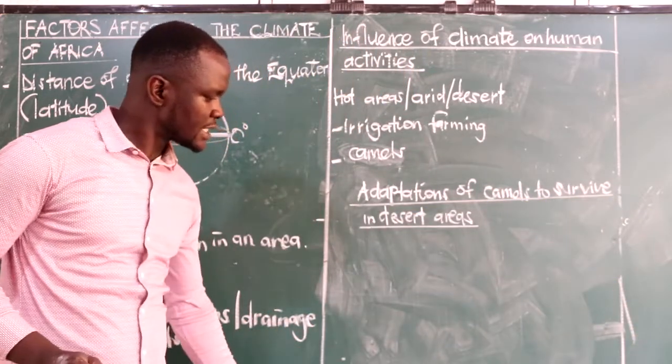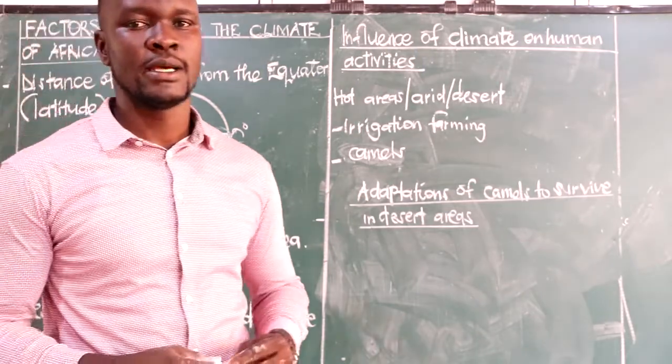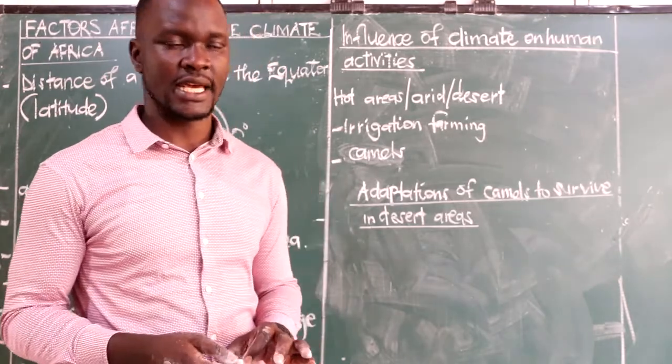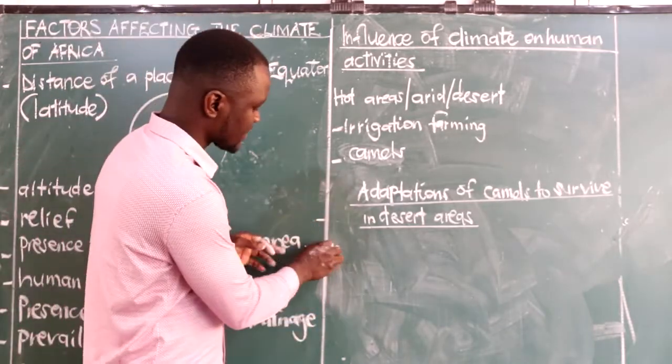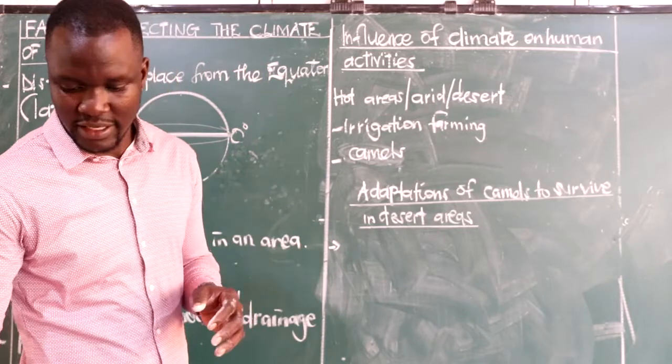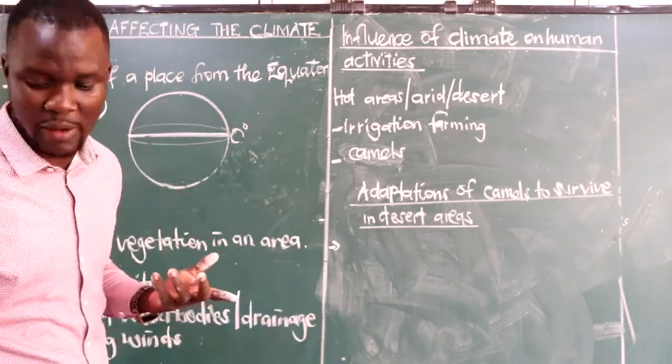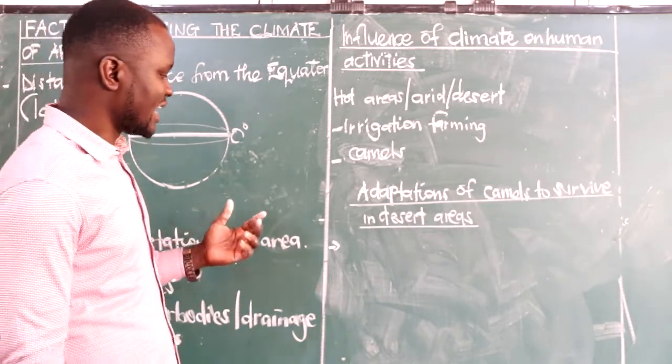So we are looking at what enables a camel to live well, to survive in a desert area. We are saying in our notes that animals which have large humps. Of course, we know how a camel looks like.